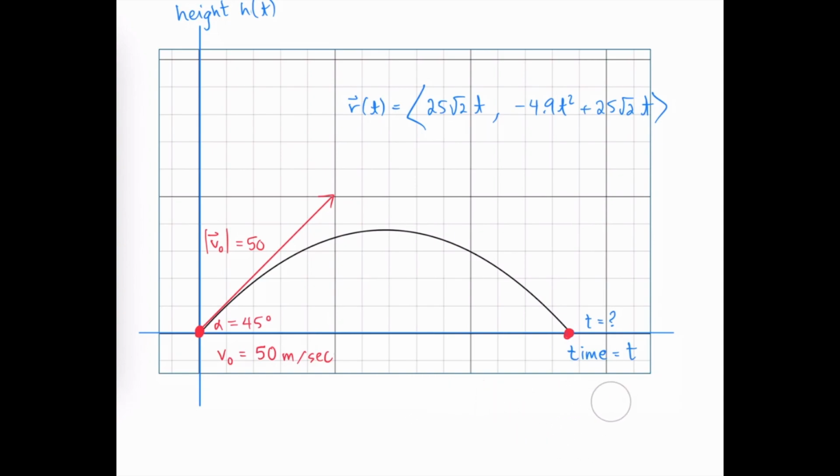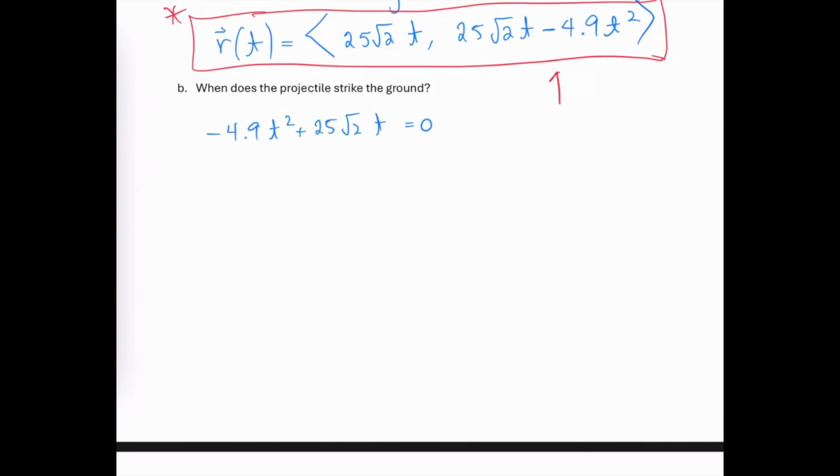So I don't know where we hit the ground, but when we do, the y component of this vector function has got to be equal to 0. So let's take just this bit, set it equal to 0, and solve for t.